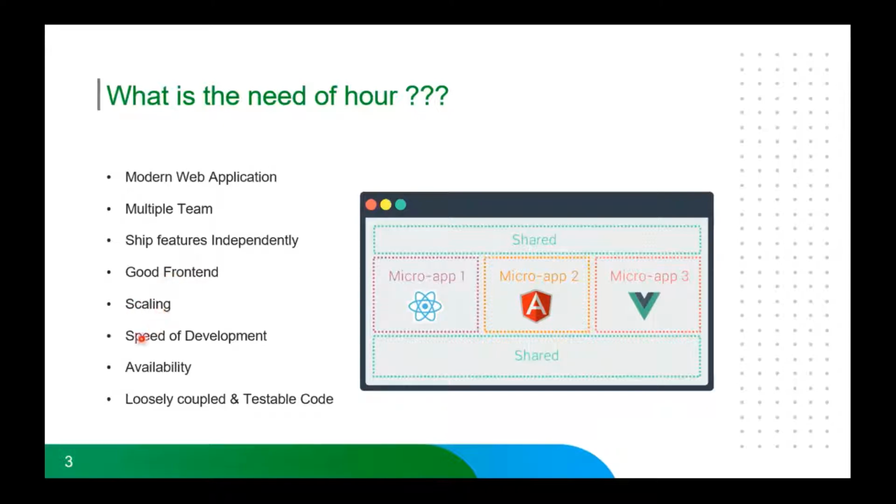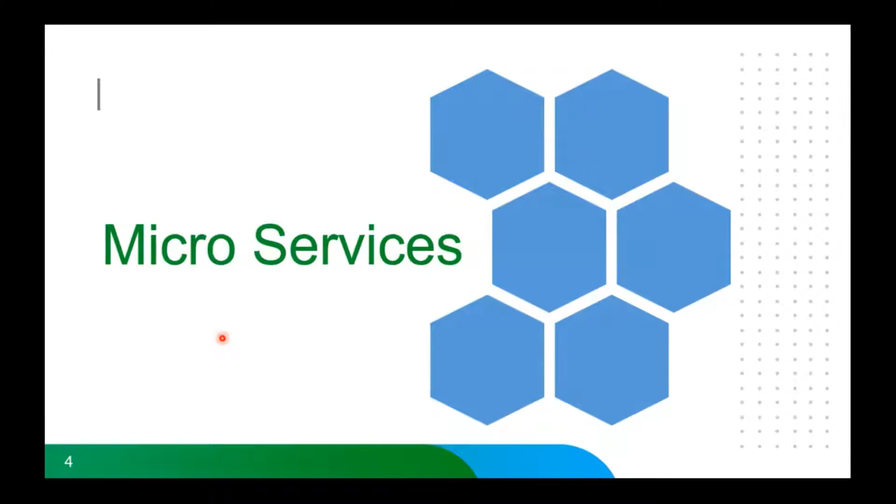Scaling is good, speed of development is good, and availability is again on the upper side. Previously, if one part of the application broke, the whole application would go down. But in a microservice architecture, if a particular part is down, the rest of the parts are still working. We will face some issues, but we are not completely down.